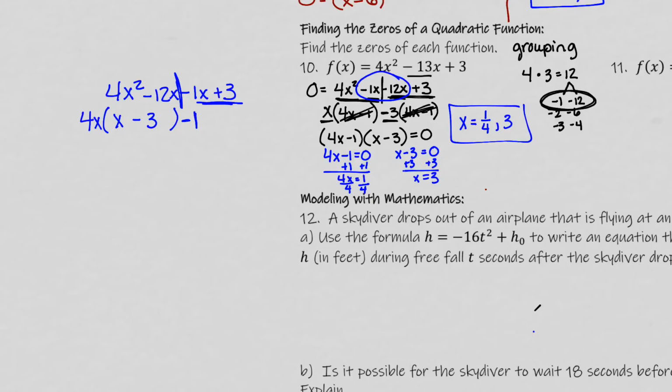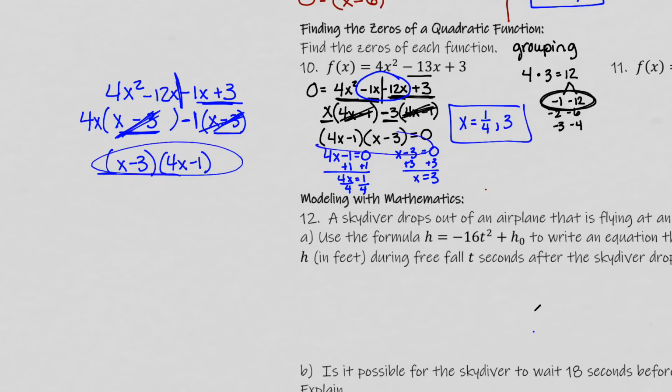So I'm really just taking that negative out of the x there. So I'm left with x and then a minus 3. So notice these are the same. So I know I'm going to have an x minus 3. When I factor that out, I'm left with a 4x minus 1. Okay, so it doesn't matter the order you put those in when grouping, you get the same parentheses.